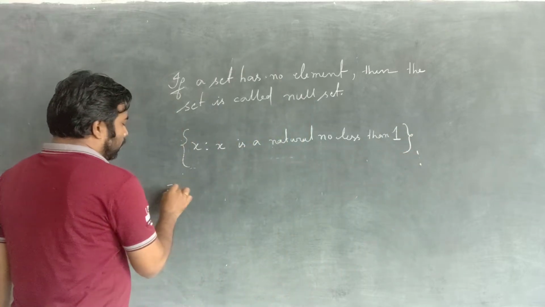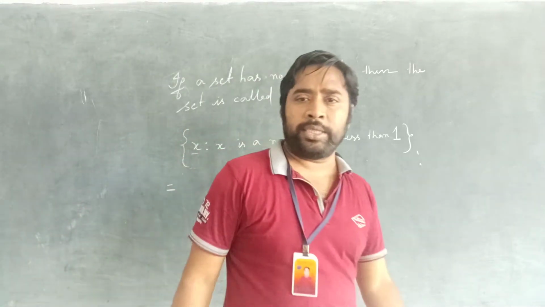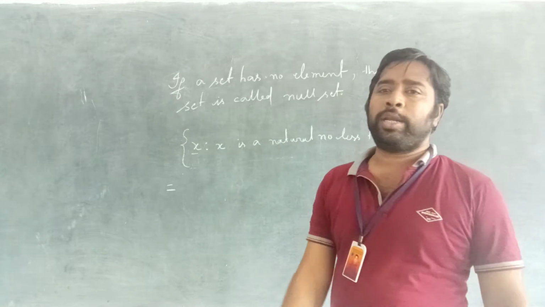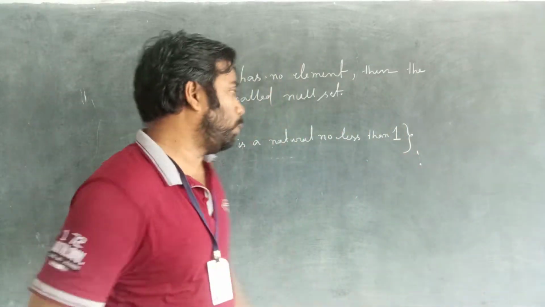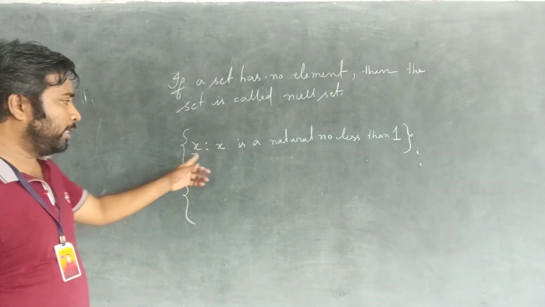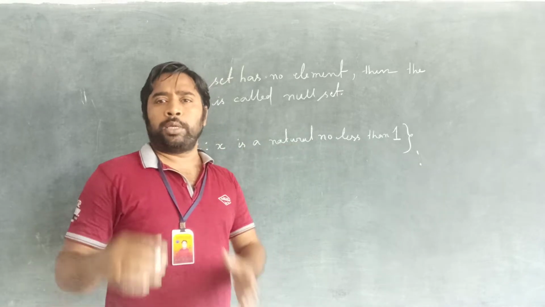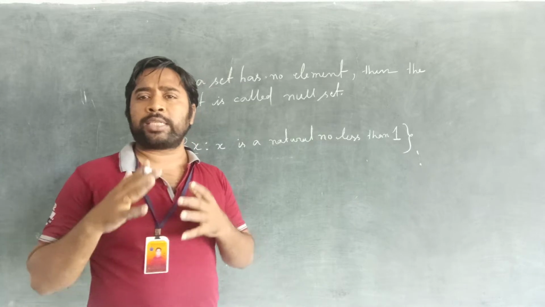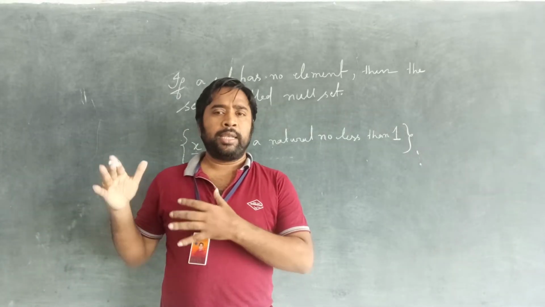I told you that whenever a set is written in the form of X, it is in set builder form. If we convert it to roster form, the elements will be directly visible. What will be the values of X? X is a natural number less than 1. We cannot write any element because below 1 there is no natural number. Natural numbers start from 1, so we cannot write any element less than 1.